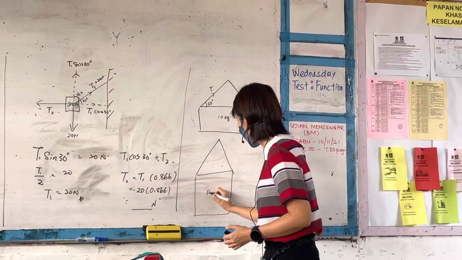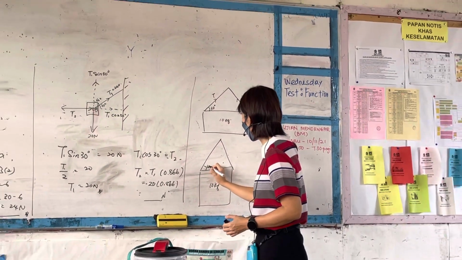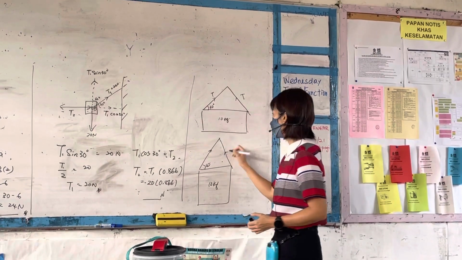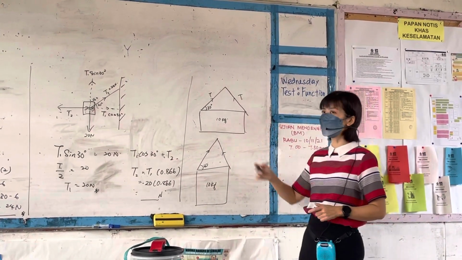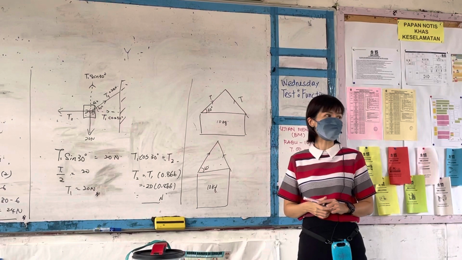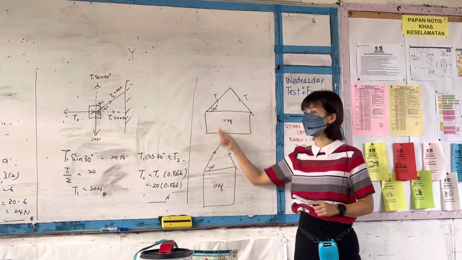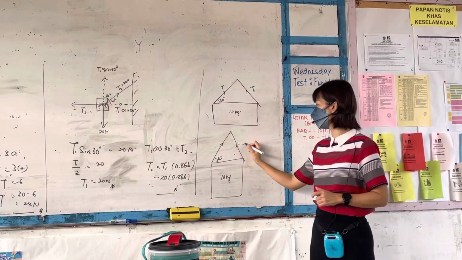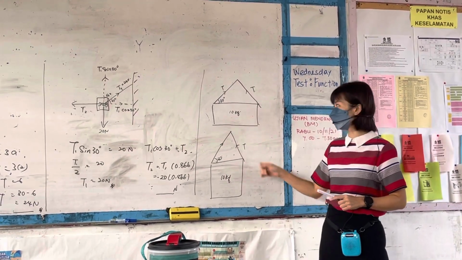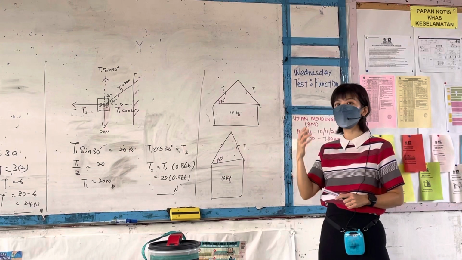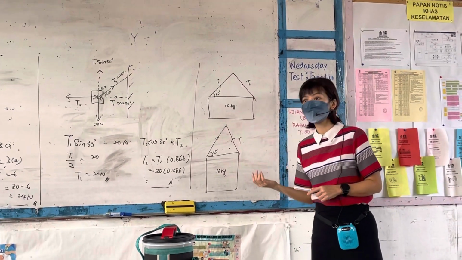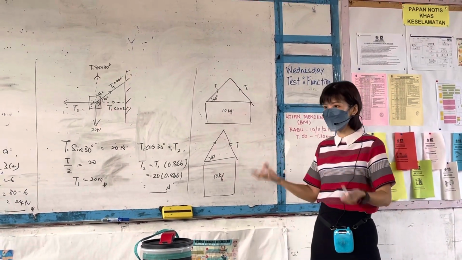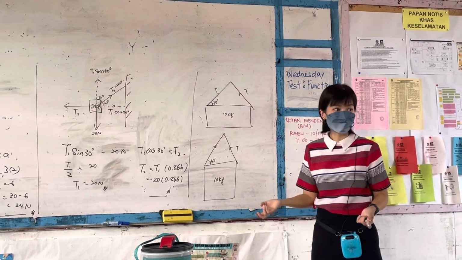Okay, same 10 kg, but this one is 60. Which one is more stable? Which string will snap first? You want to know which string will snap first, so you have to find the string tension. You make sure that the T is lower, then it's less likely to snap. If T is higher, it's going to snap.